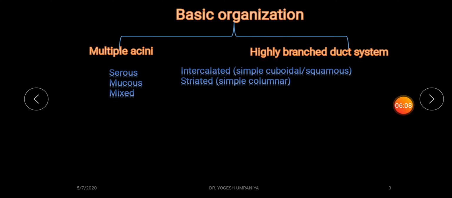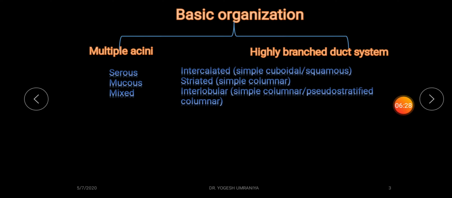After the intercalated duct you have the striated duct. Why this duct is known as the striated duct, we will discuss later on. The wall of this striated duct is lined by simple columnar cells. Keep in mind, simple columnar cells line the striated duct. The third duct, just after the striated duct, is known as the interlobular duct, and the epithelium of this duct is of the simple columnar or the pseudostratified columnar type.